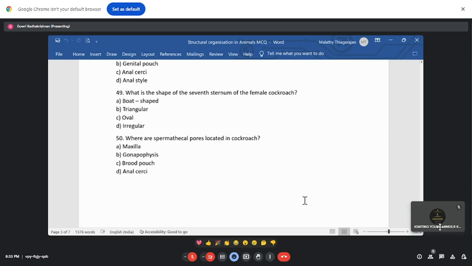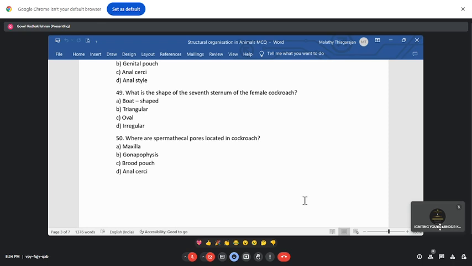Brood pouch. The brood pouch is formed by the 7th, 8th and 9th segments together, and the brood pouch lies in the 8th and 9th segments. The genital parts, the gonophore and so on, are in the female cockroach. So the spermathecal pores are located in the brood pouch.